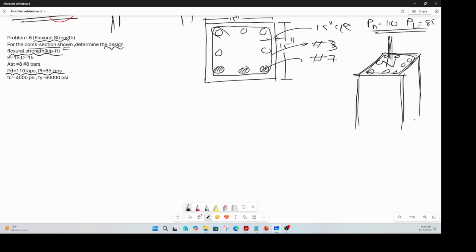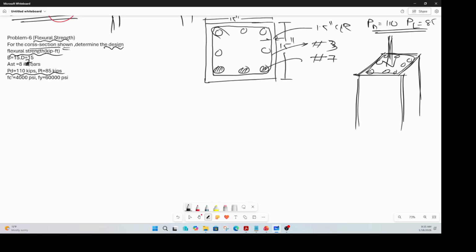The area of reinforcement and all that is given. Let me check if these are number 8 bars or number 7 bars. This is number 7. Okay, so let's get started.